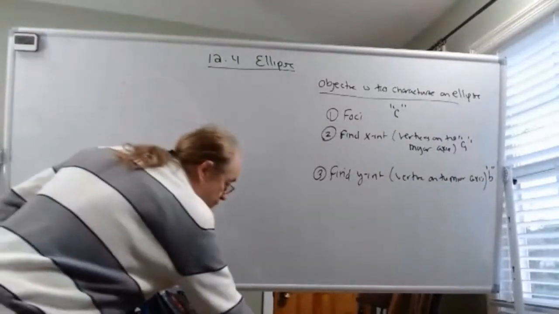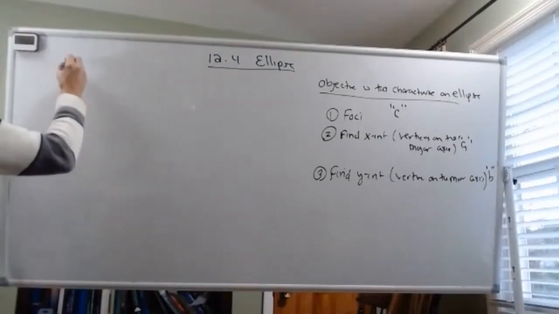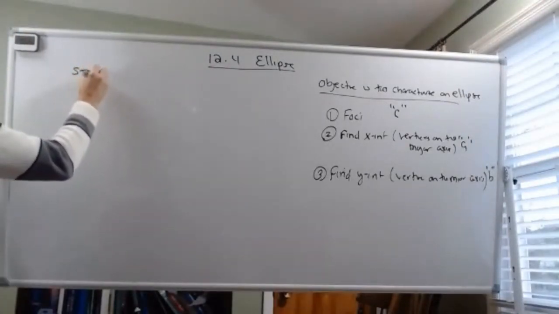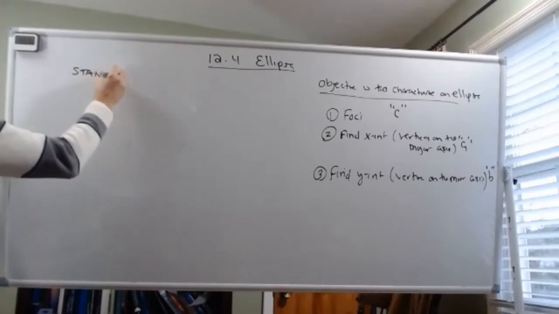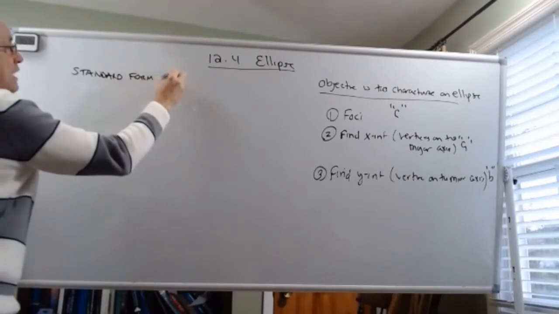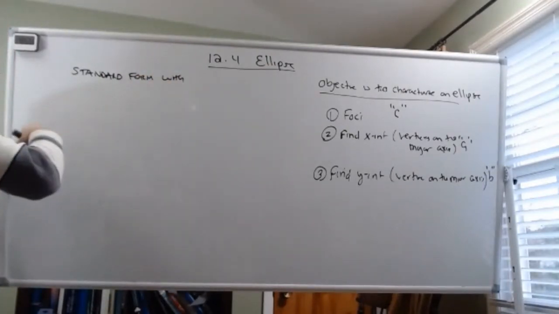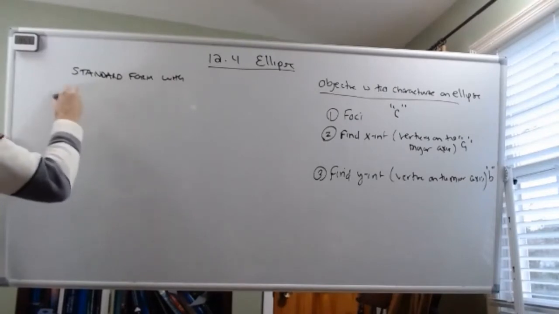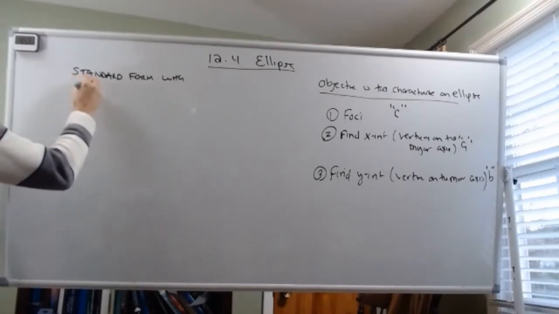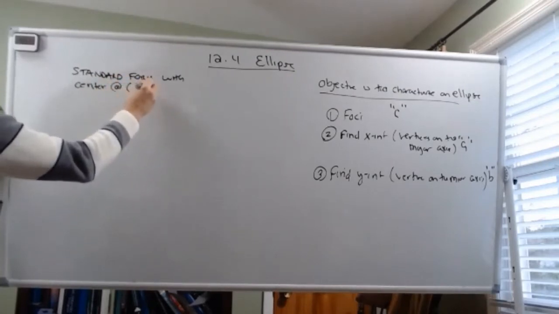So here's a new form of the standard equation with center at h comma k. So the standard form again, with the major axis parallel to the x-axis, with center at h comma k.